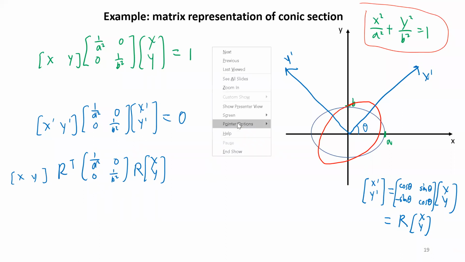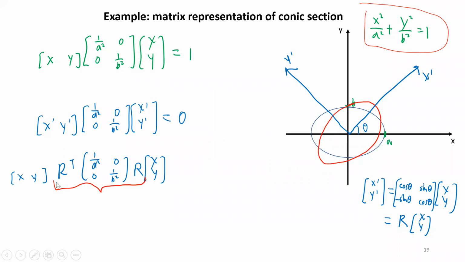So now, if you look at this whole part here, so this is a product of these three matrices, and if you try, right? So to multiply this rotation matrix, right? So to this and then multiply by the other rotation matrix, you will realize that this is a non-diagonal matrix.